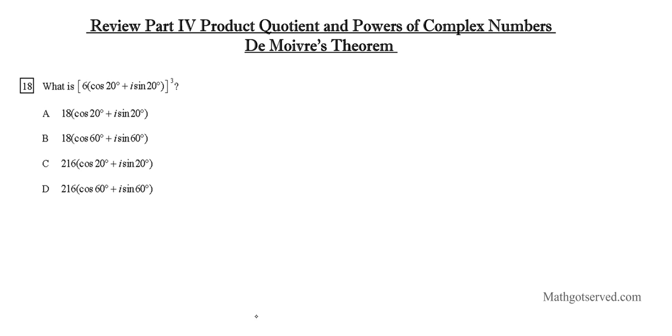So to do this, we're going to be applying the De Moivre theorem. Let's write down what the theorem is first, and we're going to apply it. So we have a complex number, r cosine theta plus i sine theta, raised to the nth power.